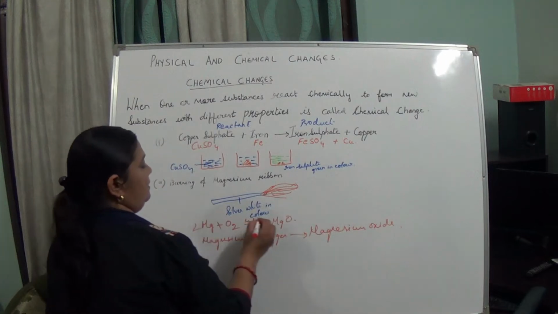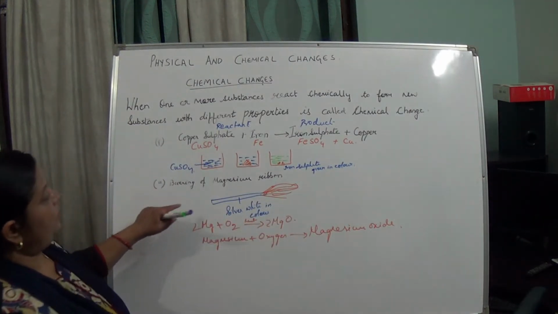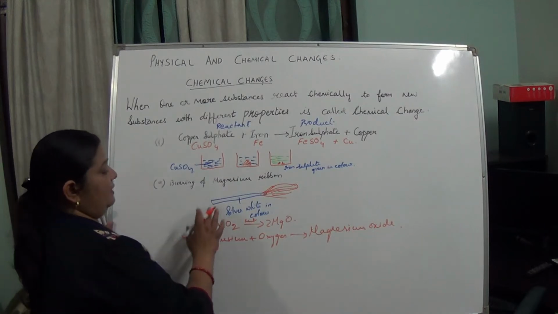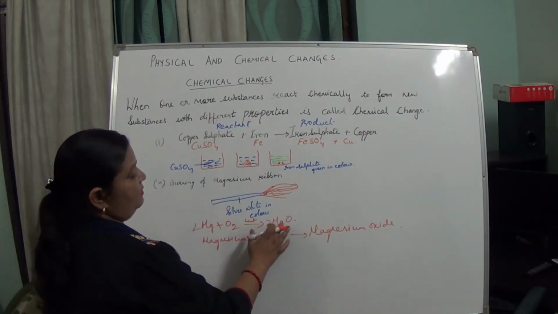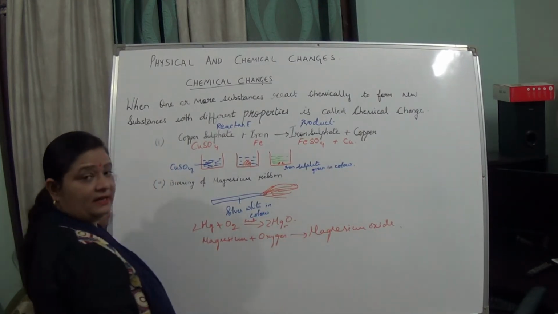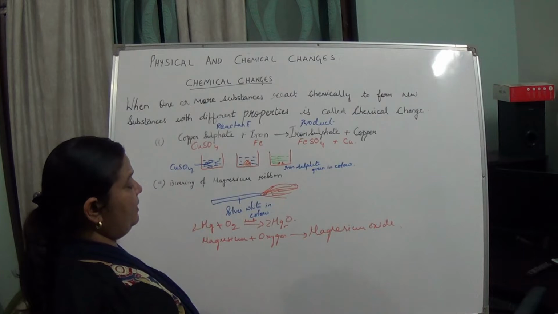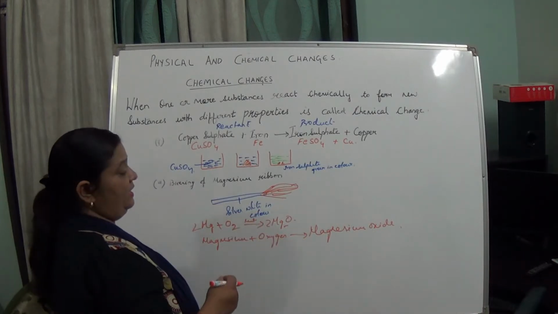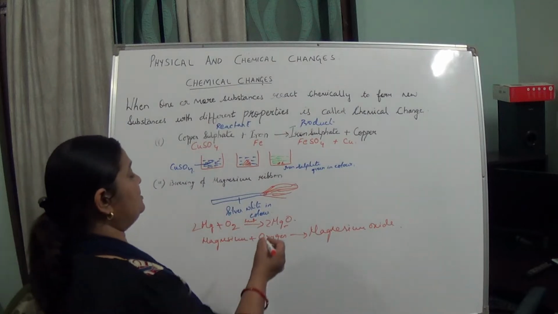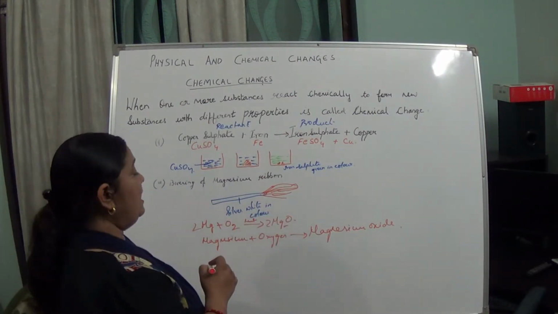So this is also a chemical change, because here magnesium is reacting with oxygen to give magnesium oxide. This magnesium oxide is basic in nature, because when you bring red litmus paper there, it will turn blue, which indicates that magnesium oxide is basic in nature.